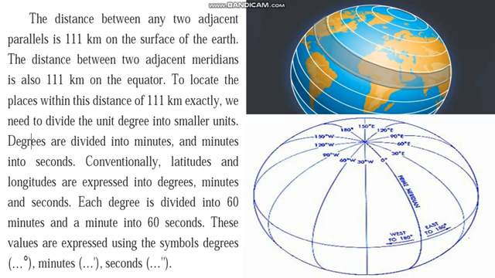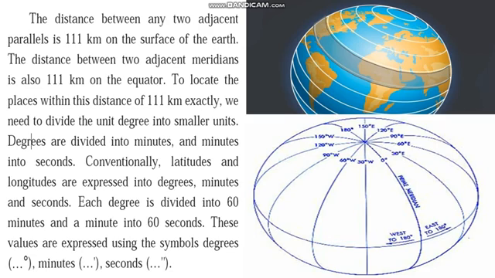So students, we have to understand that between two adjacent meridians there is a distance of 111 kilometers on the equator, and this 111 kilometer distance is also divided into 60 parts.